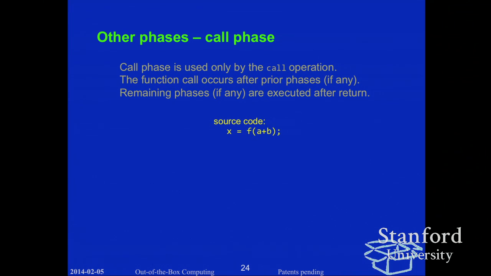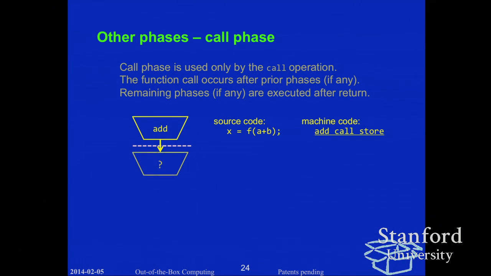If this is your source code, the machine code will look like that. Remember, the underscore means this is all one instruction. It's an add, a call, and a store. The add feeds, you'd think, some functional unit. What actually it feeds is the called function, so that the result of the add is being passed directly into the callee with only just the cycle boundary in between.